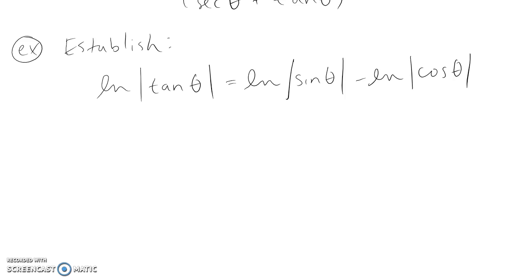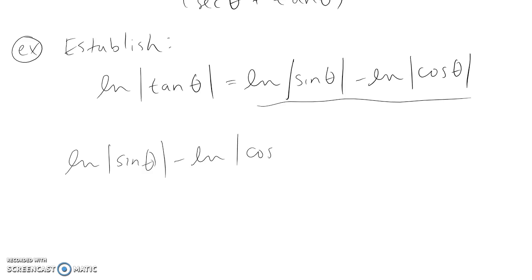Now on this one, I'm going to start with the right-hand side because it's more complicated. Not a whole lot, but a little bit. So natural log of sine theta minus natural log of cosine theta. Remember that if you subtract two logs from each other, that's the same thing as taking the log of their quotient.